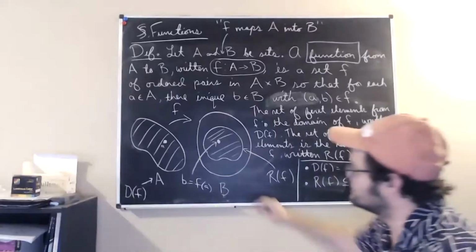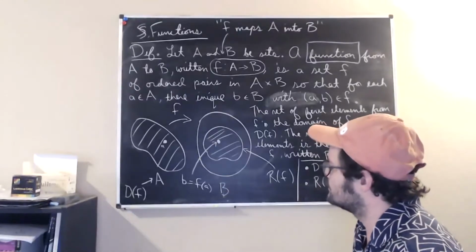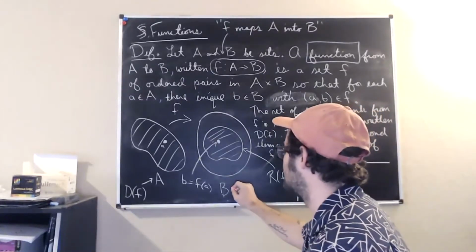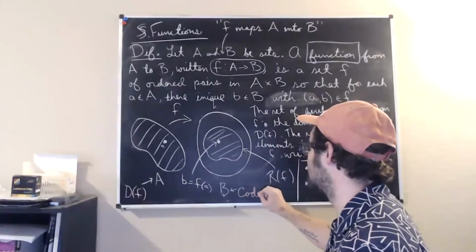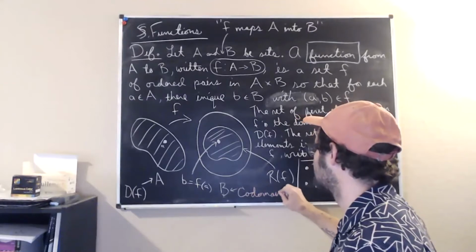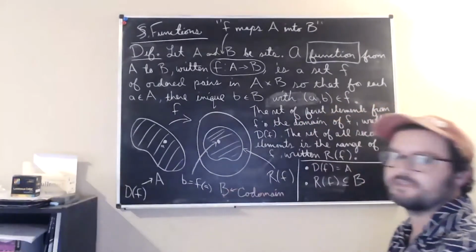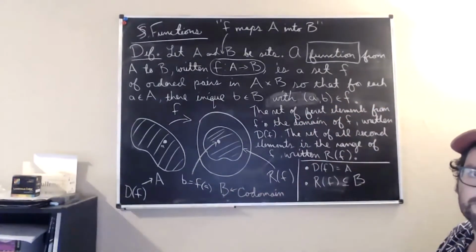Your textbook doesn't use this terminology, but B is sometimes called the codomain, which is not the same thing as saying the range. Okay.